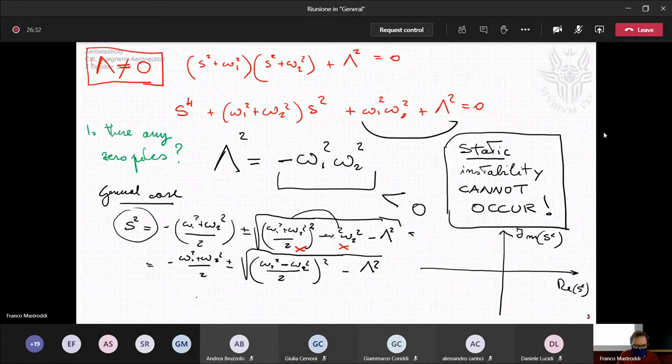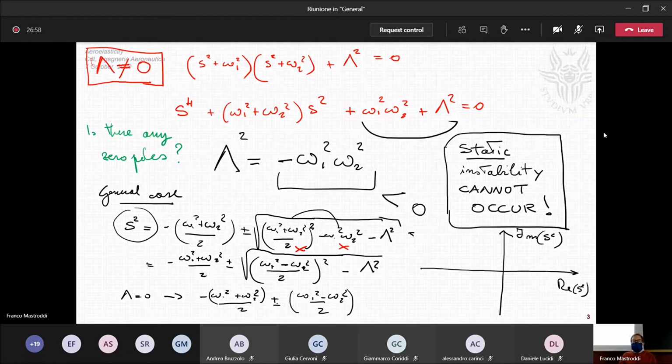You have minus (omega 1 square plus omega 2 square) divided by 2, plus minus (omega 1 square minus omega 2 square) by 2.